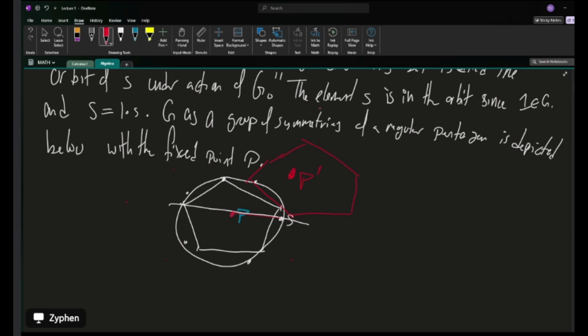We're just looking at different cases of these orbits around P at whatever point you choose. Does that make sense?